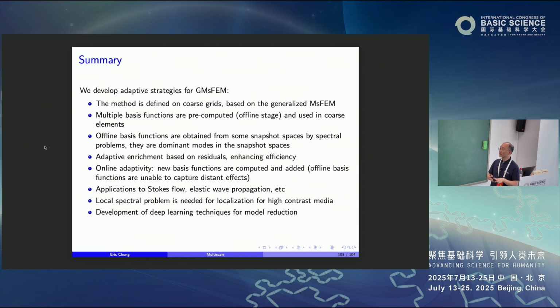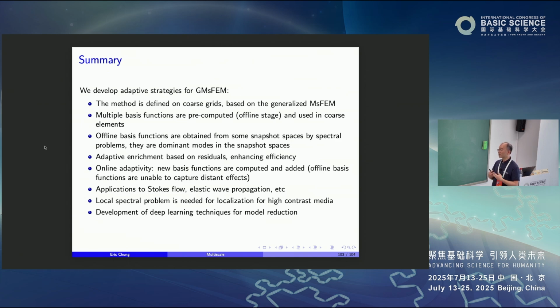In order to find this small dimensional space, one way is to do some learning process. We first have a library of functions, and then within the library we try to locate which of the components are more important, and then we use those dominant modes to solve the equation.